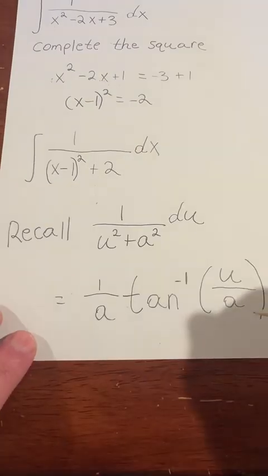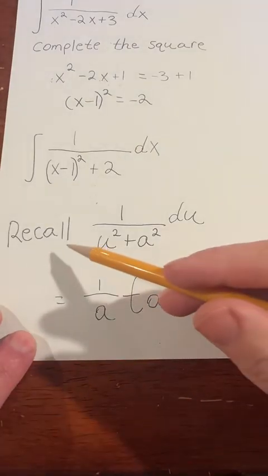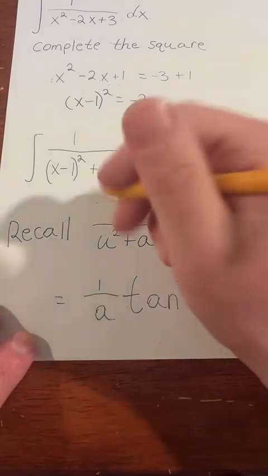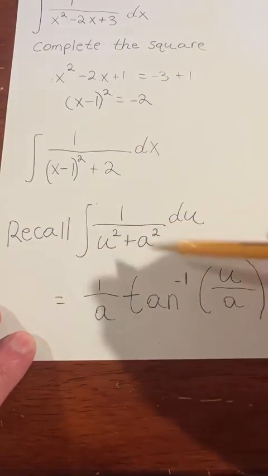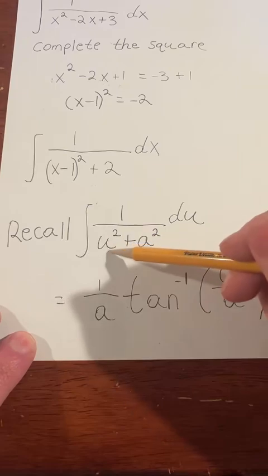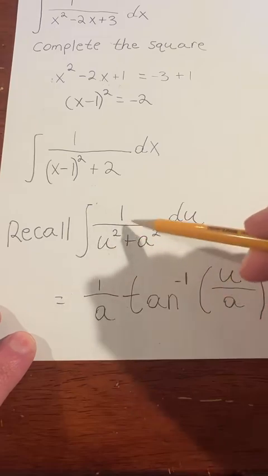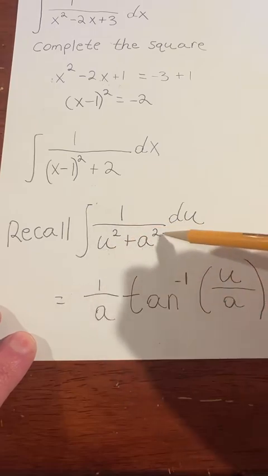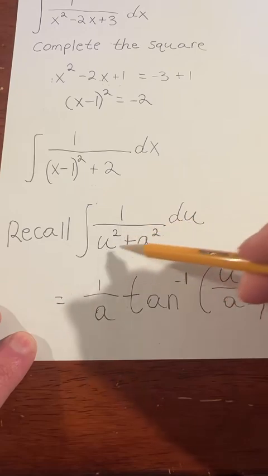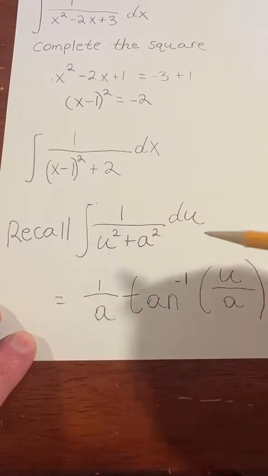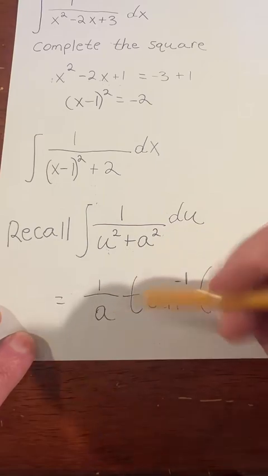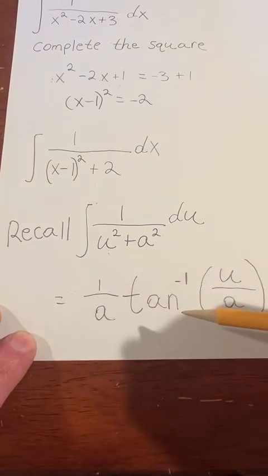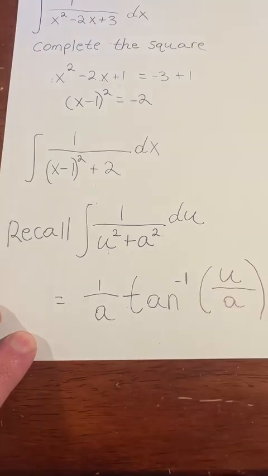But then we recall that if we ever have the integral of 1 over u squared plus a squared du, where our variable here is u and a is some constant, that is always going to be equal to 1 over a times the inverse tangent, or arctangent, of u over a.